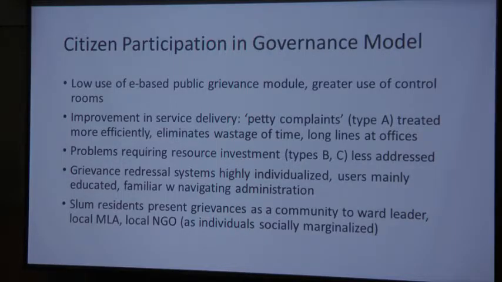And it's interesting that there's an improvement in service delivery, such as what are called petty complaints, type A, which are a lot of "fix this, this didn't happen, do this" requests, and these are being responded to efficiently.